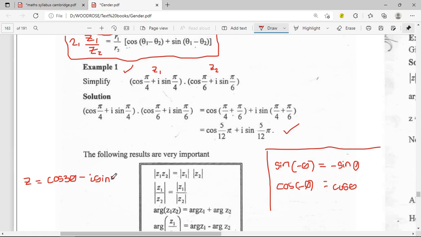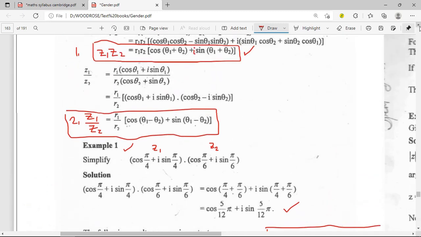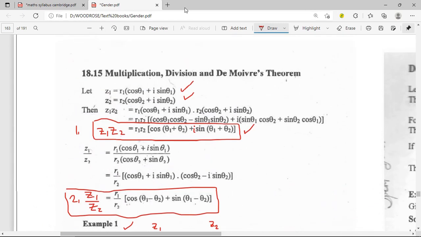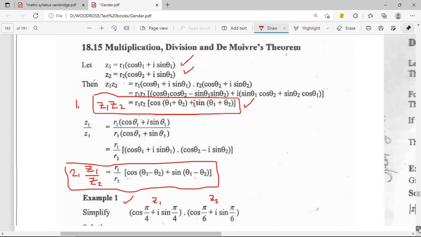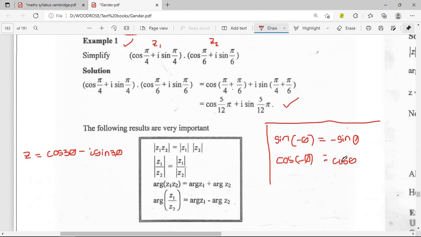So we use these results because they are very important. Remember, when we defined z1 and z2, we had these positive numbers, not a negative number. So now, when we have a negative number, how do we remove the negative? We use these results.